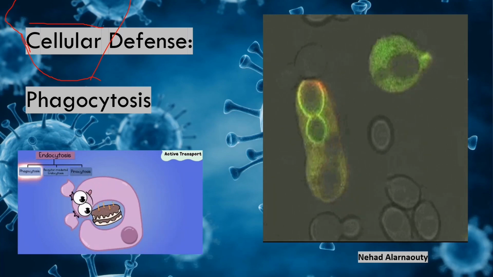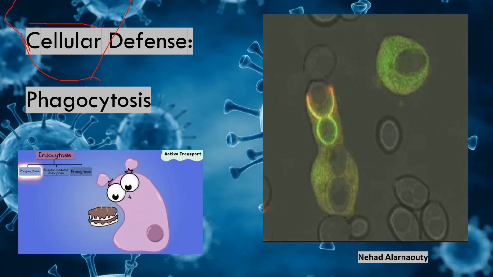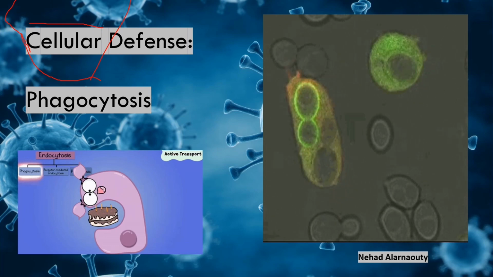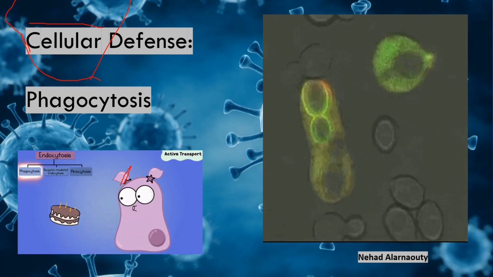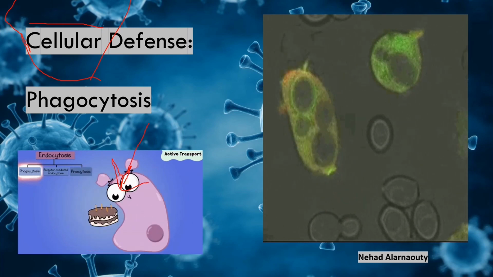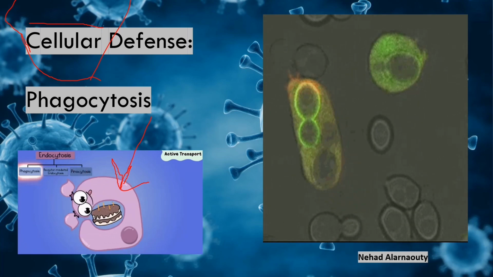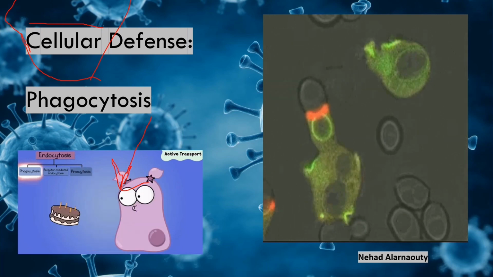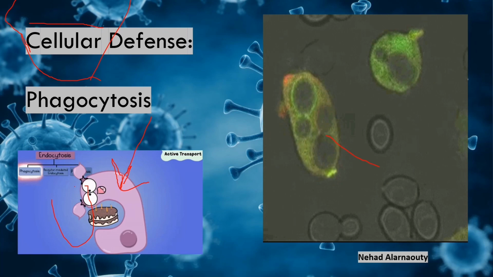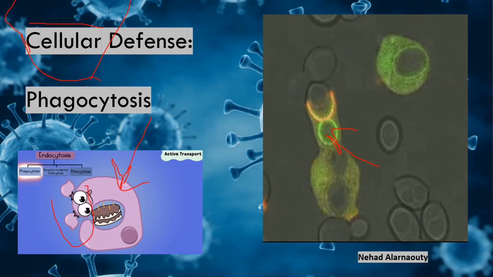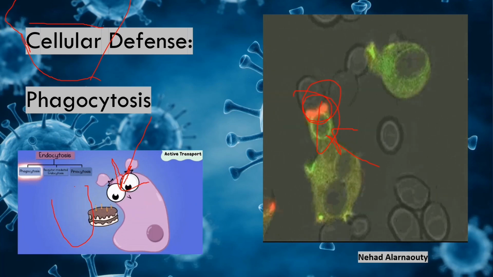The lysosomes, as you know, have many chemicals that destroy and kill the foreign body. So this is your body cell, the phagocytic cell. Actually, it's a white blood cell. And here it engulfs and digests the bacterial cell, which is the cake. Here under the microscope, you will see the phagocytic cell, and this is the bacterial cell. Again, it surrounds and engulfs it.